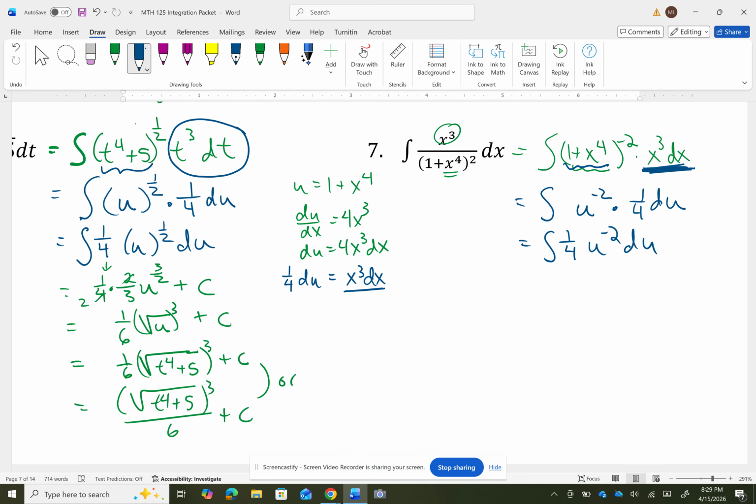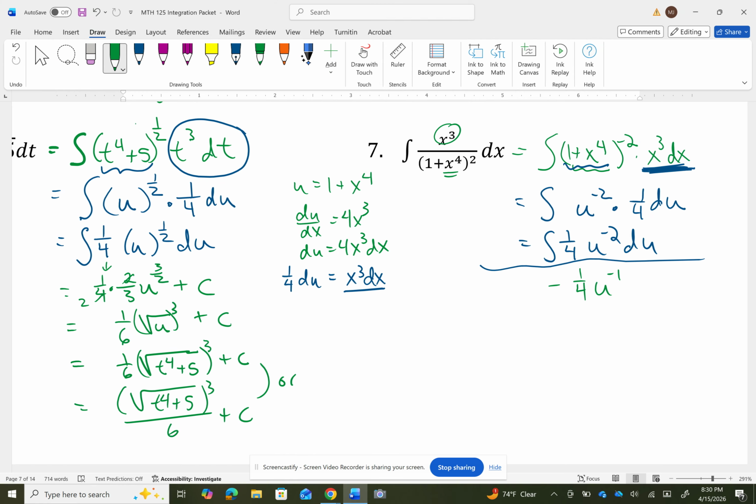And at this point, I'm going to start doing the integral, the antiderivative. So the u to the negative 2 would have come from a u to the negative 1. But I'd need a negative out in front, and I had that 1/4 that needs to be carried along. So checking that, do you see how that negative 1 times the negative 1/4 would be 1/4? Then you'd subtract 1 and get u to the negative 2.